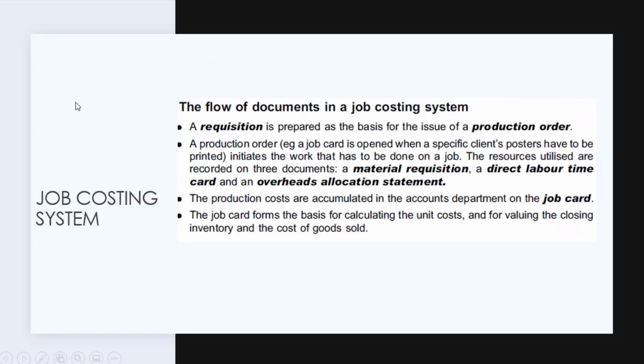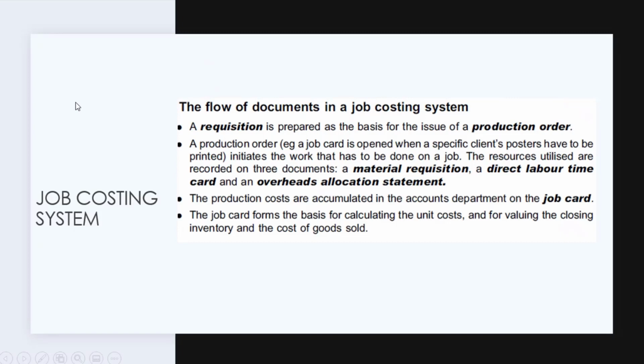Once that is debited into the T account, you will see that they start separating it: the material cost for job one goes into the job one T account, material for job two will go to job two, material for job five will go to job five.